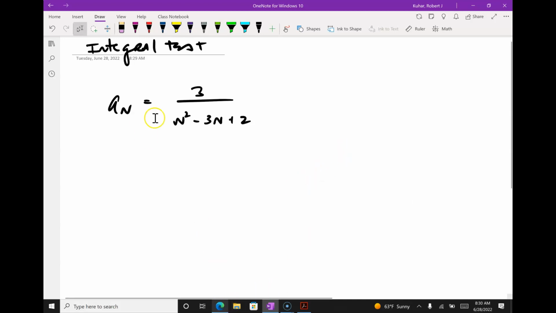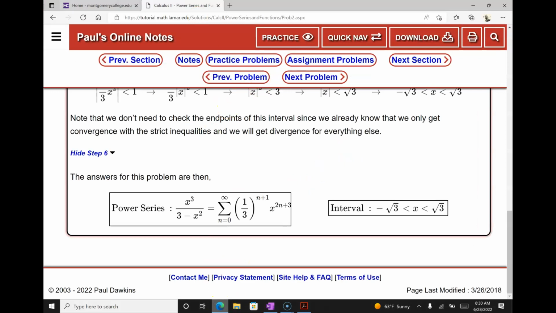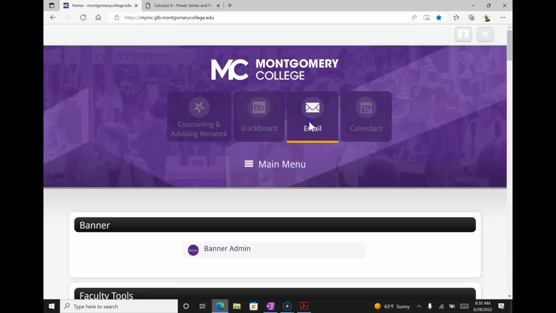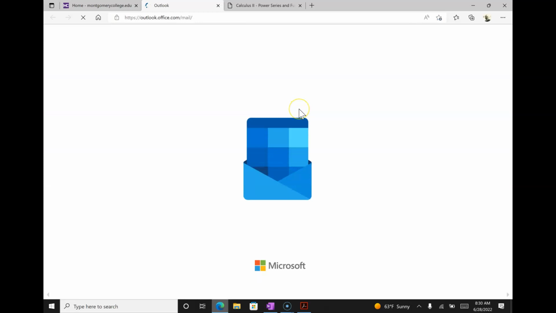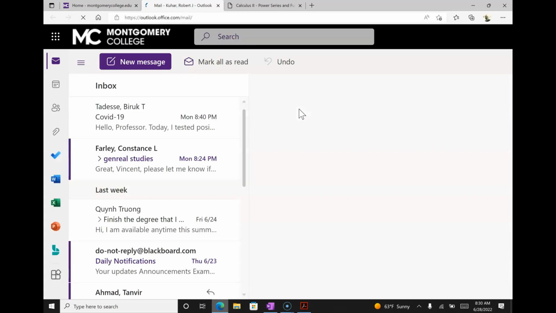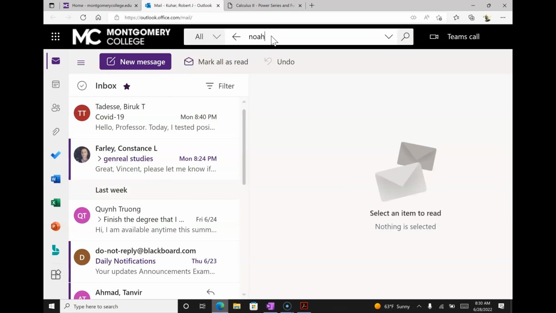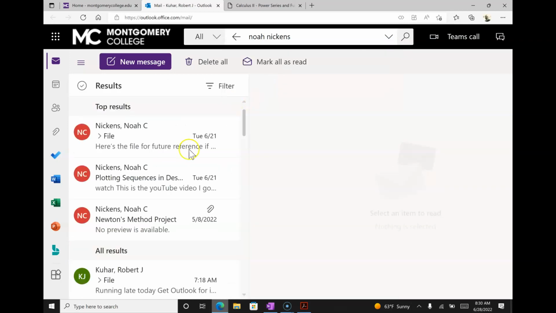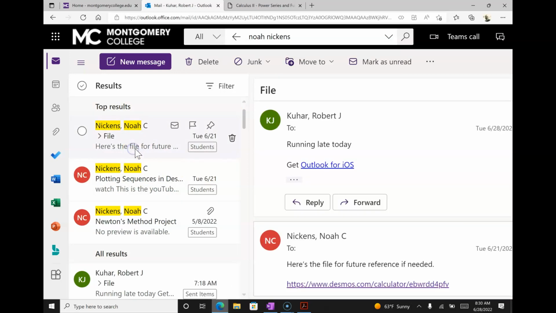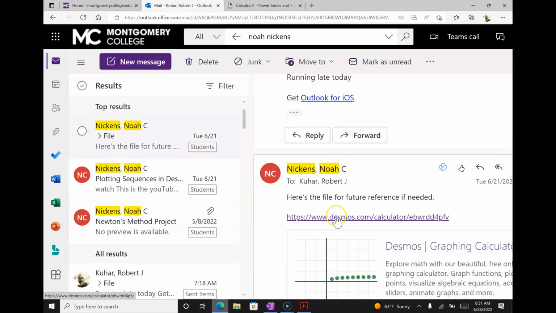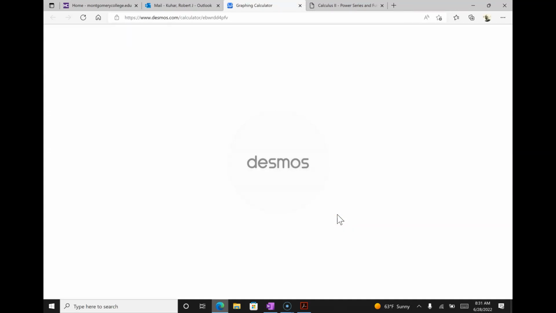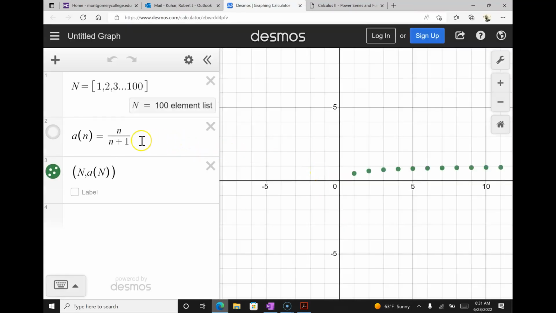Let's start with the graph. I'm using Noah's. Hopefully you've got one of these saved already. If you don't, type it. I want you to be able to type it. So we start with that list of n. You're on Desmos, you can start typing that first piece there.